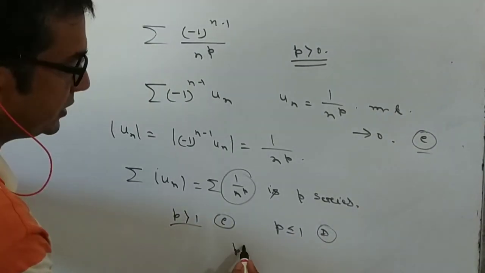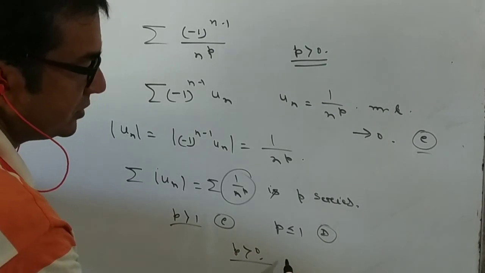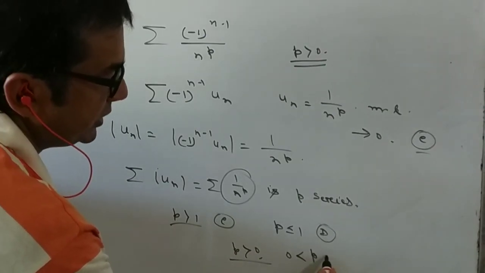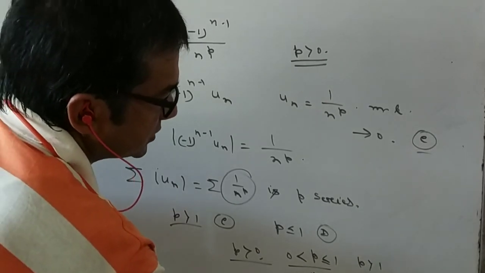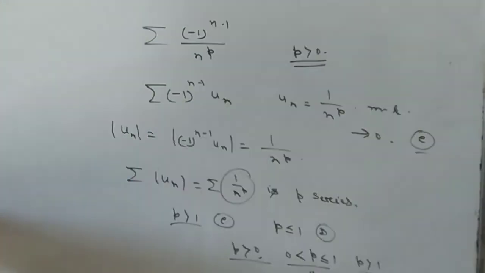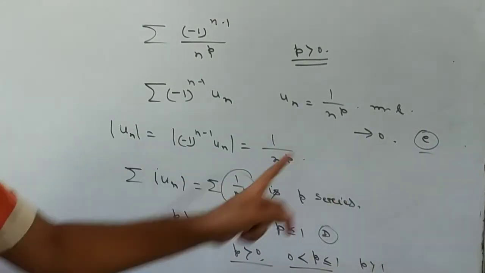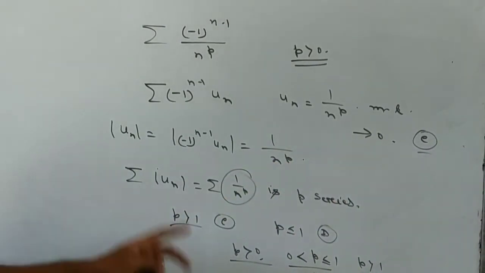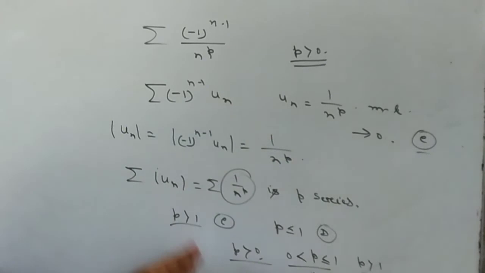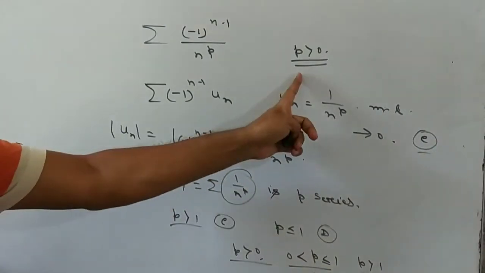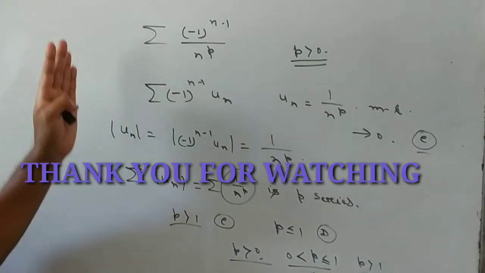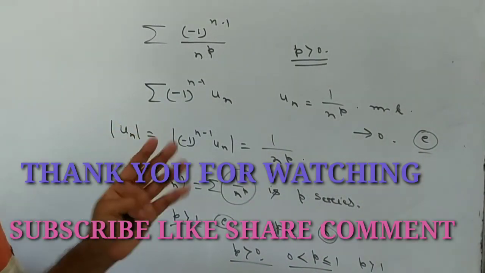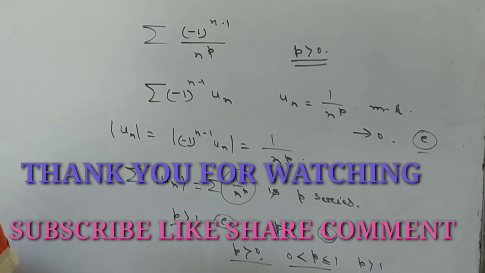So for 0 less than p less than or equal to 1, it is divergent, and when p is greater than 1, it is convergent. So it is not absolutely convergent for all p greater than 0, but it is convergent for p greater than 0. So this is also a conditionally convergent series.